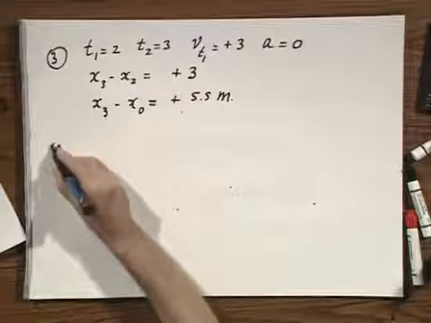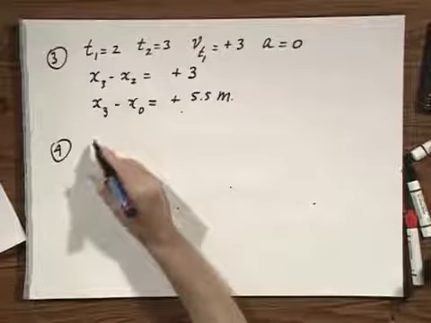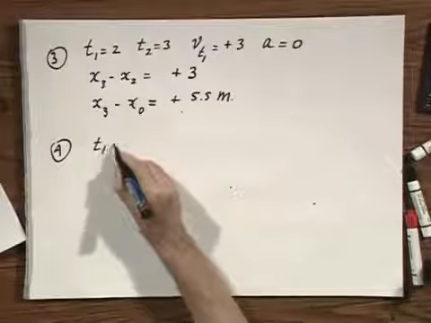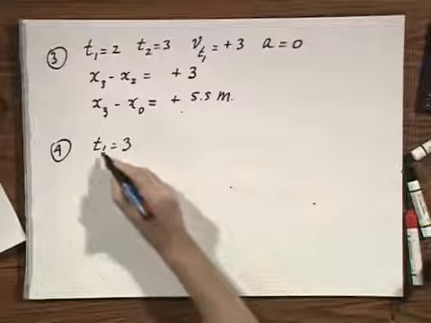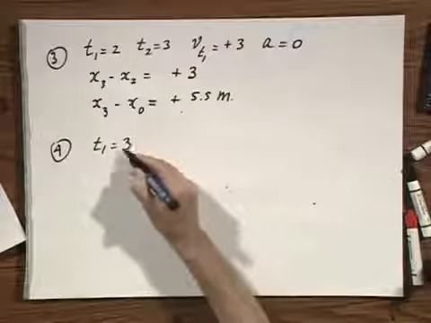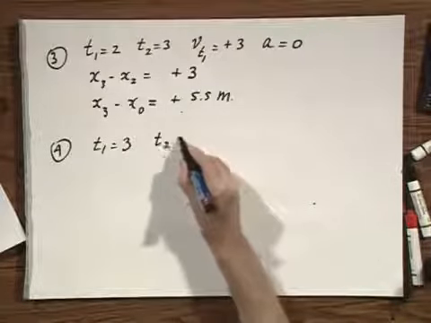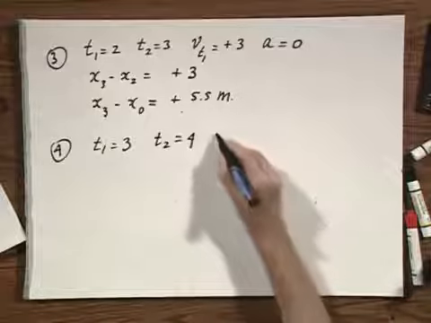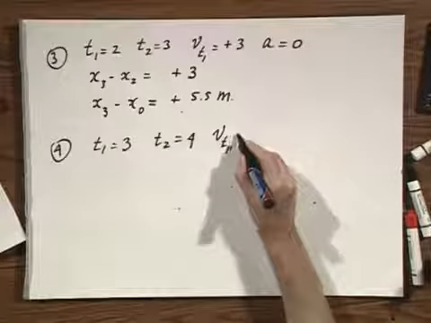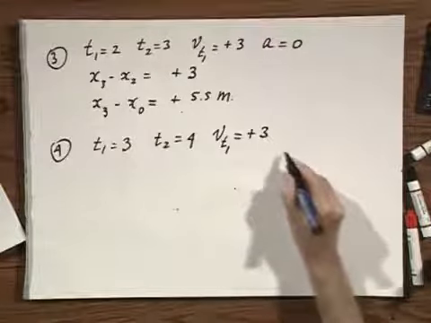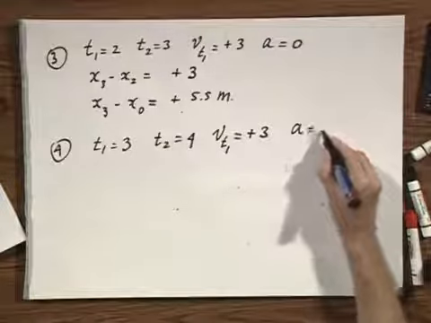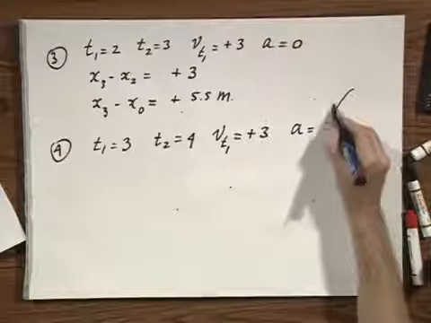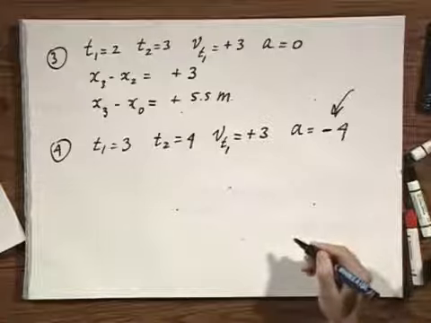And now in the fourth second, I have t1 equals 3. So when I begin my fourth second, I call that time t1. My t2 equals 4. My v(t1), that is the velocity when I start that fourth second, equals plus 3. And my acceleration equals minus 4. That's now very important, this minus sign.